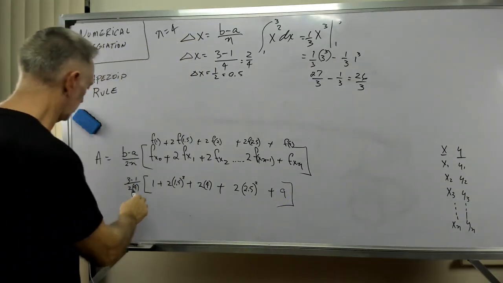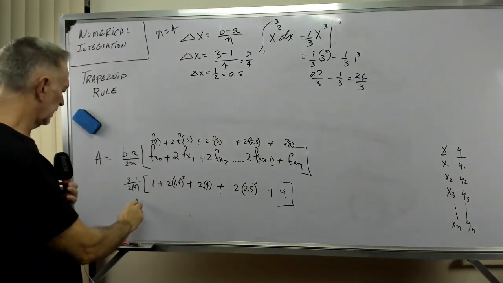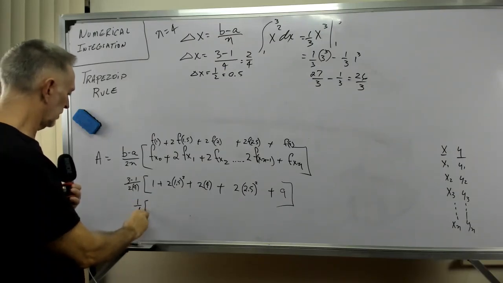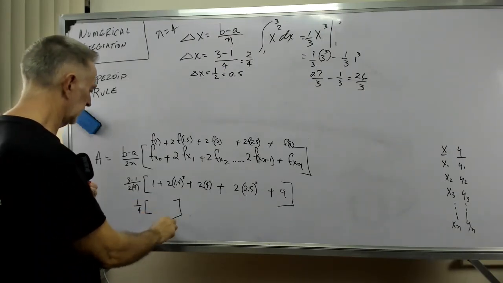So 3 minus 1 is 2, 2 over 8 is 1 over 4, times the parentheses.